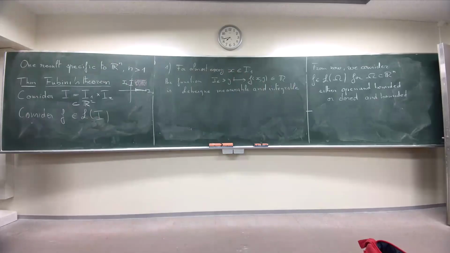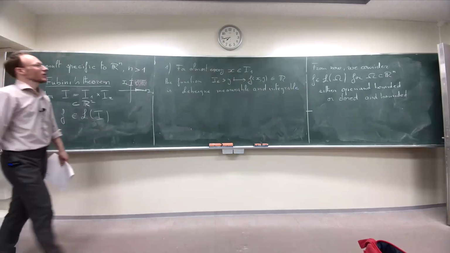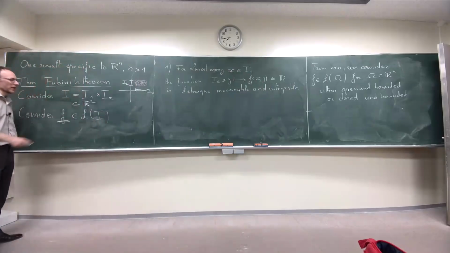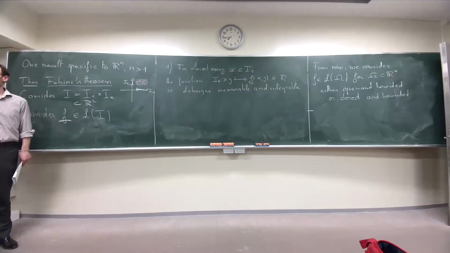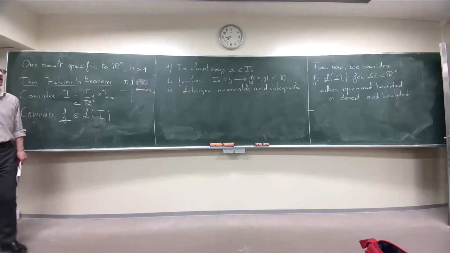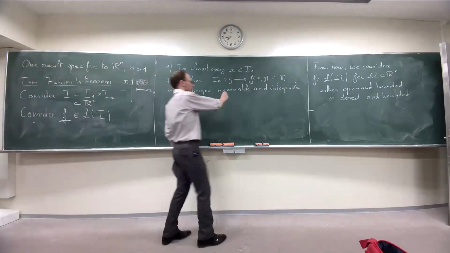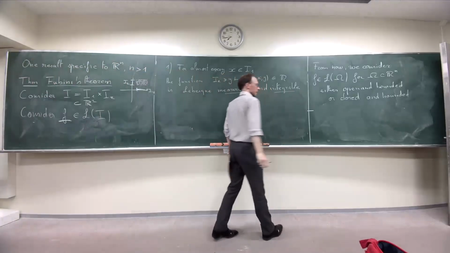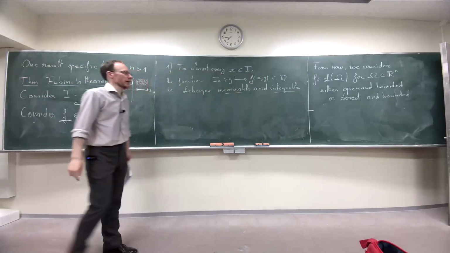Why do I need to write both measurable and integrable? I have not assumed that f is bounded. I have just assumed that it is integrable. If it is not bounded, these 2 notions are not equivalent. So I need to say that it's measurable, and then it's one more condition that it is integrable, because measurability doesn't imply it.